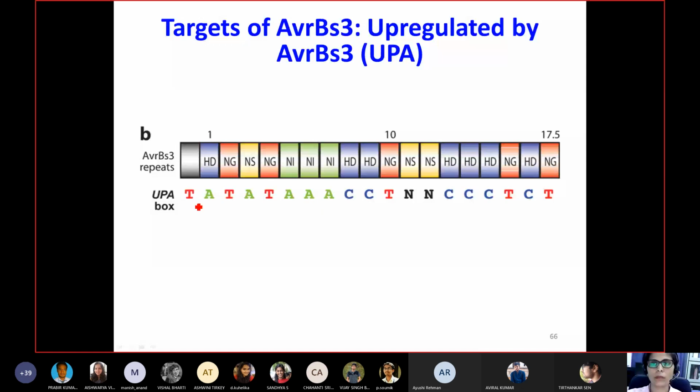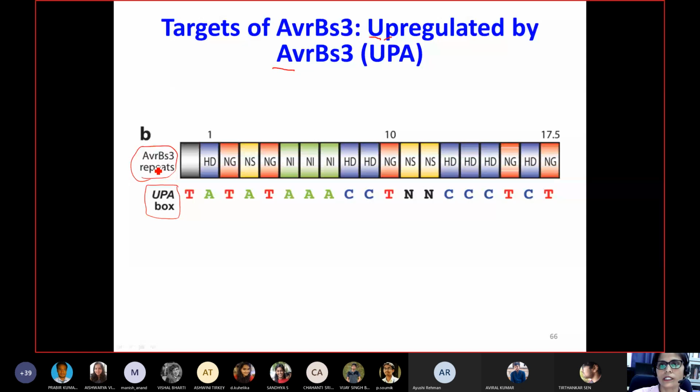UPA stands for upregulated by avirulence BS3. So the short form contains U, P, and A: upregulated by avirulence gene. Basically this direct target was found by footprinting assays and other assays. We will come to it, right?